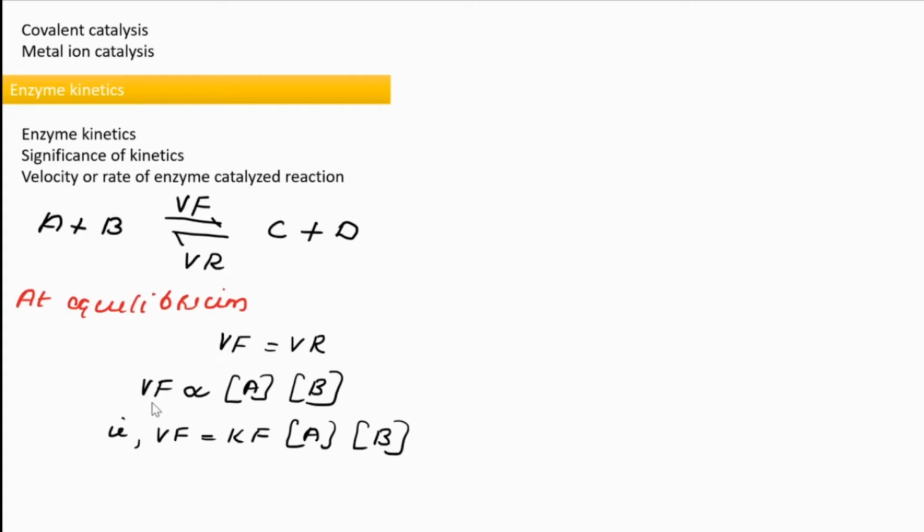Similarly, the rate of the backward reaction is directly proportional to the concentration of products. That is how we can write it.